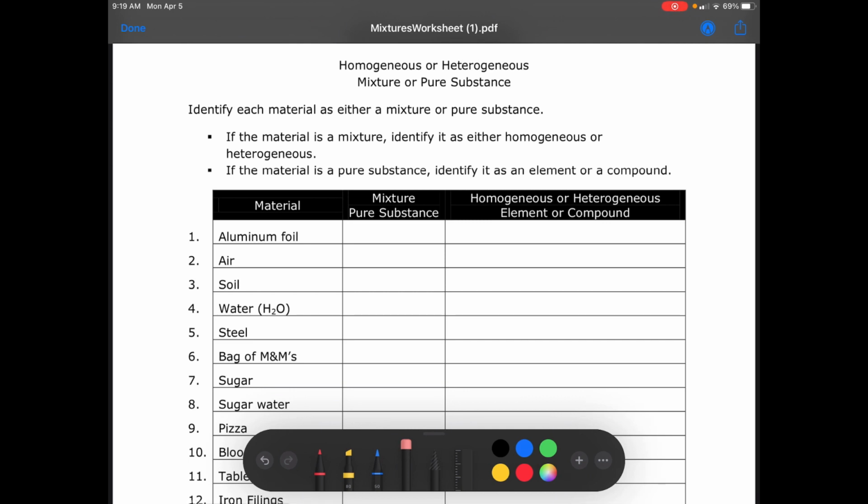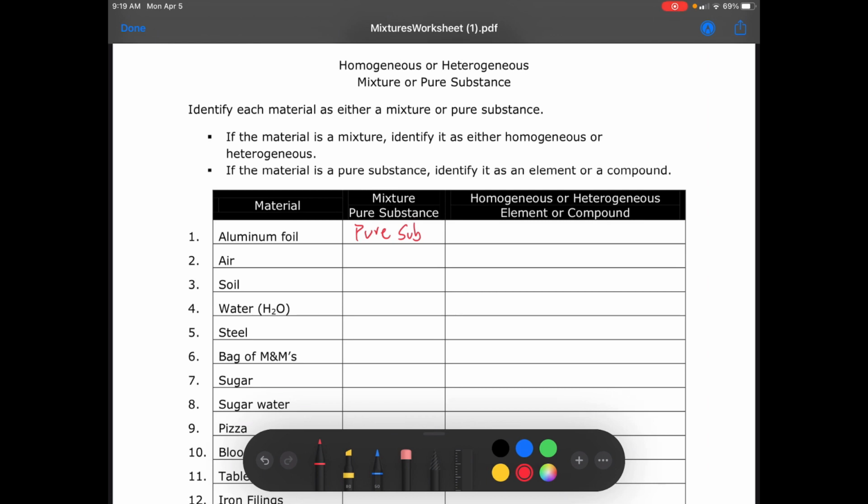So aluminum foil. Aluminum foil happens to be a pure substance. If you remember, you don't have to write substance all the way out, you could just write pure.